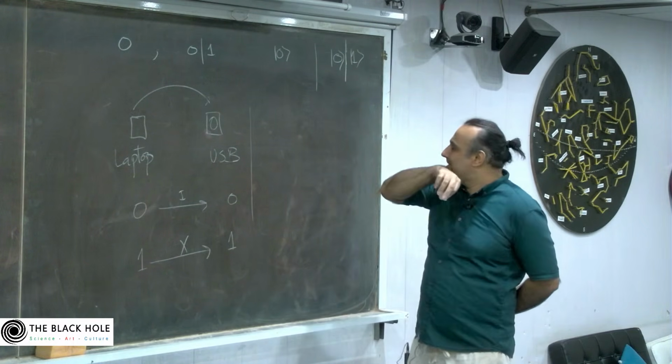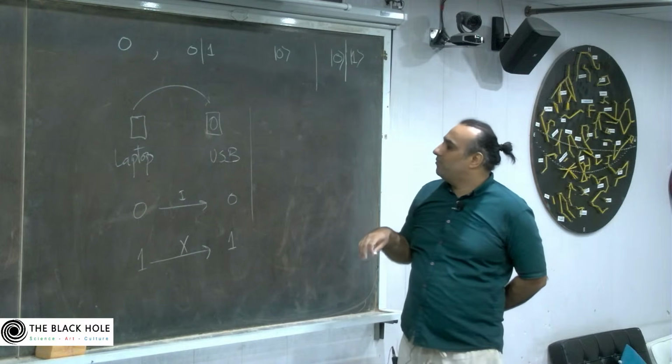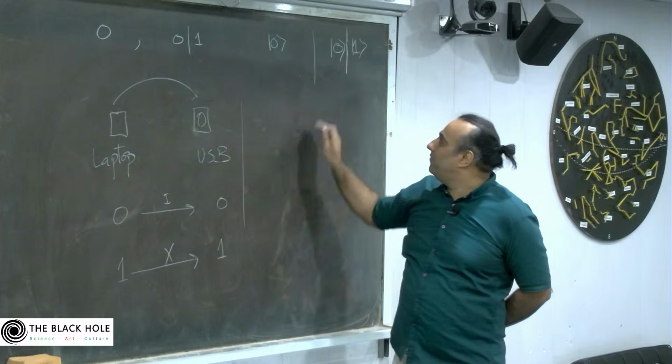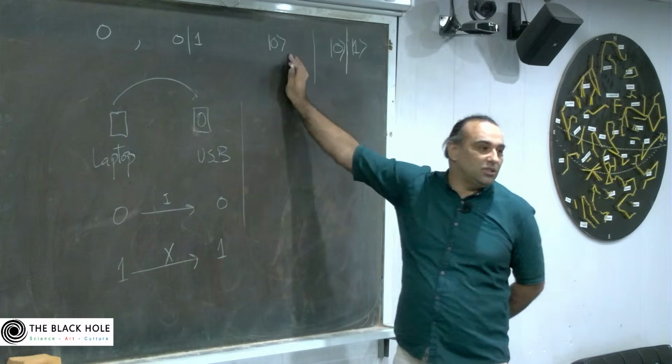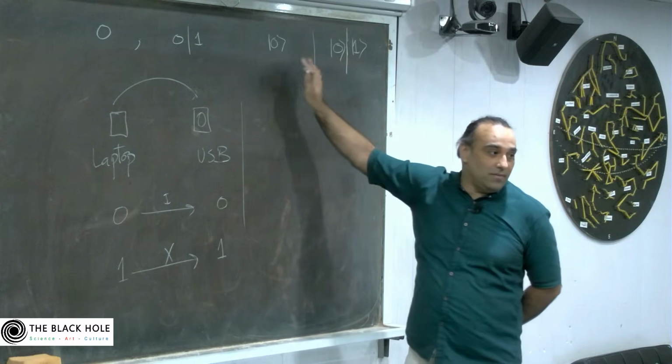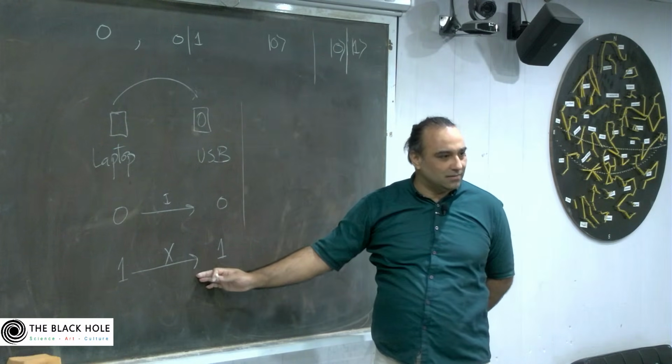If this is 0, we don't need to do anything. If this is 1, then we need to flip this. We can do that here.